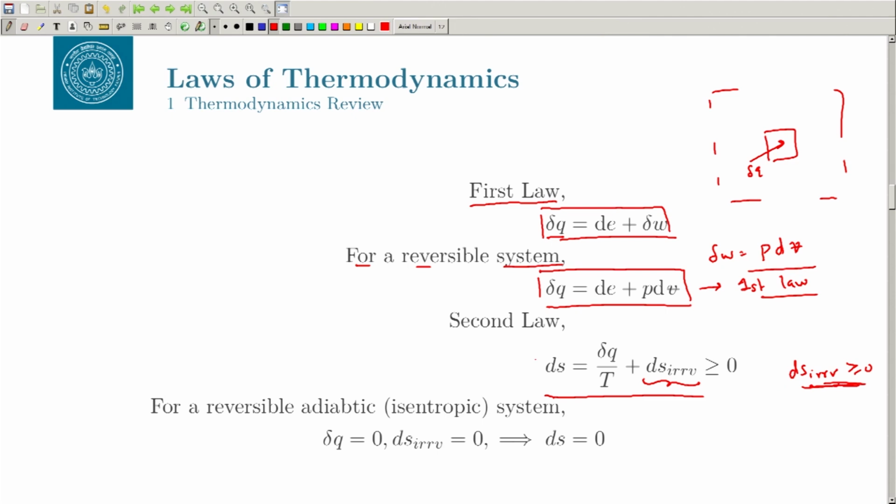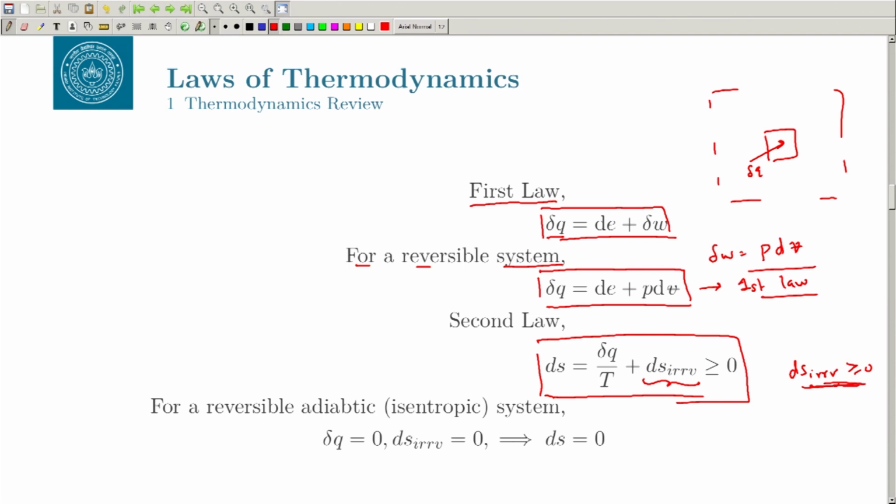This is the statement of the second law, and it dictates which direction the heat will flow. It will flow in the direction where the entropy is always going to increase, because this ds irreversible is at best equal to 0, if there is no dissipation and no loss, otherwise it will be greater than 0.